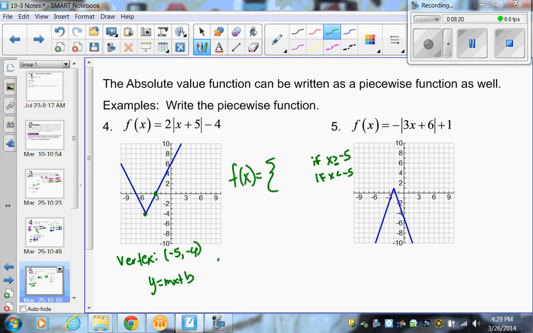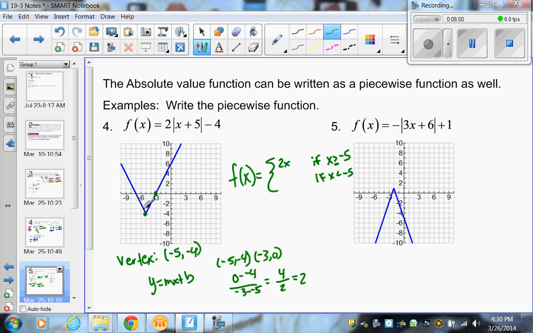So I'm going to use the points -5, -4 and -3, 0. You can either use the slope formula or your rise over run, however you want to do it. So we would have 0 minus -4 over -3 minus -5. That's going to give me 4 over 2, which is just 2. So the slope of the first one is 2, which makes it 2x.